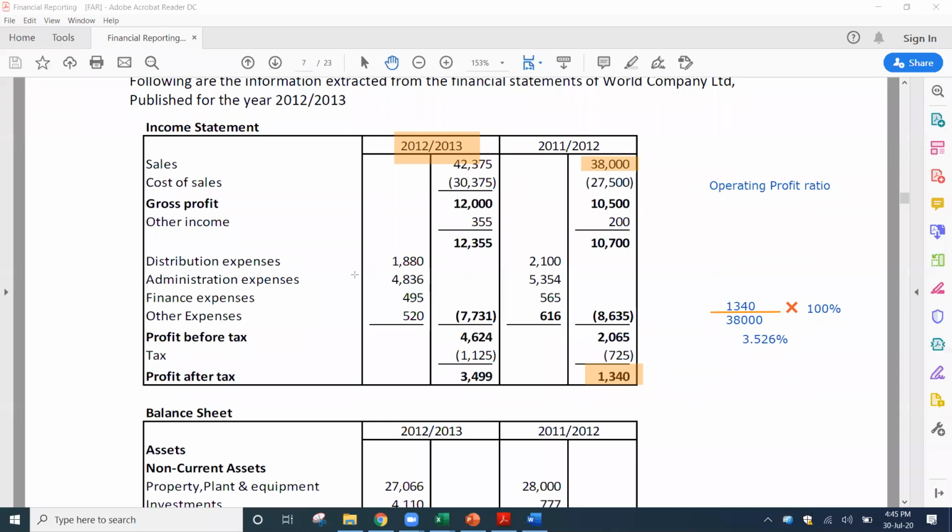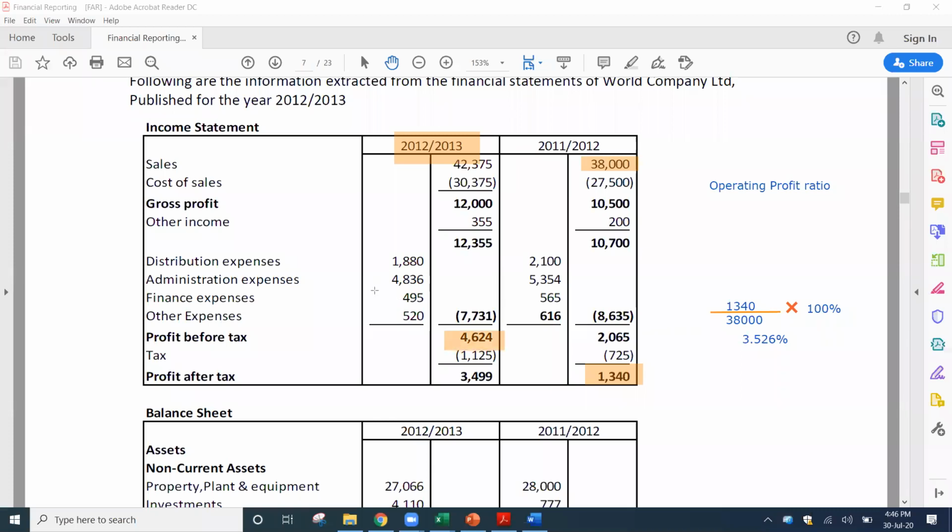How much is the operating profit? Operating profit means profit before interest and tax. Now this is profit before tax.